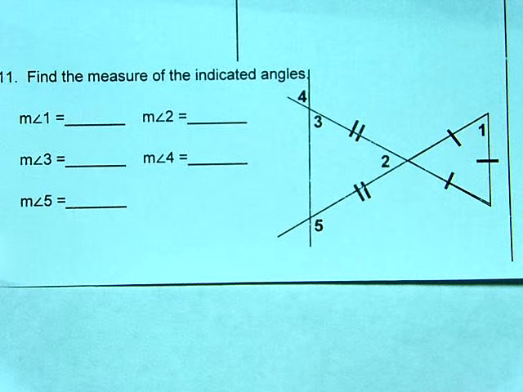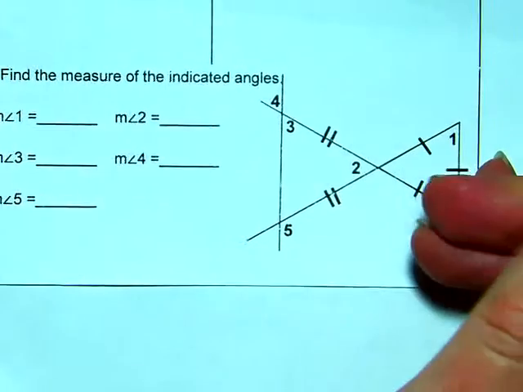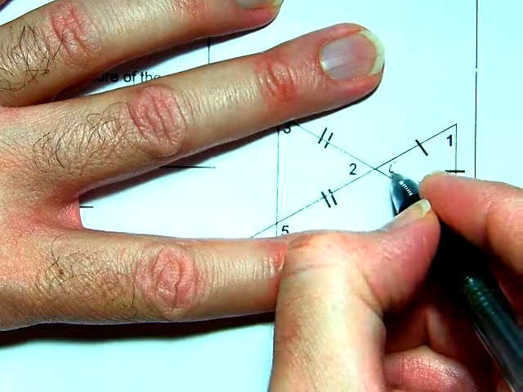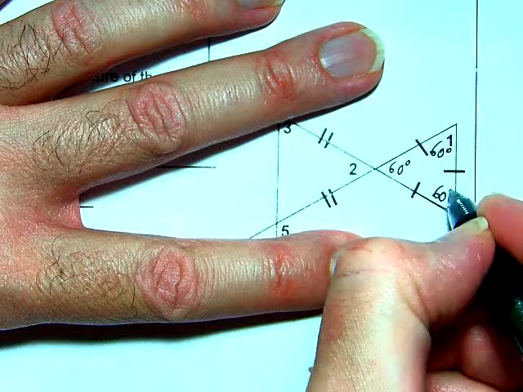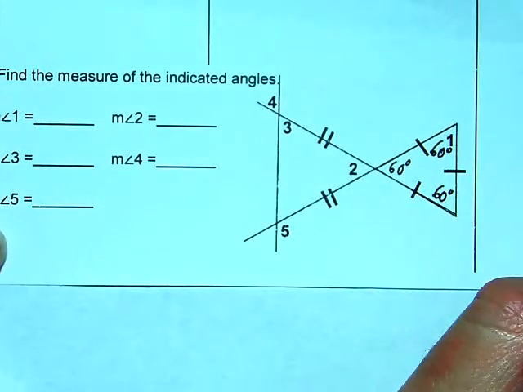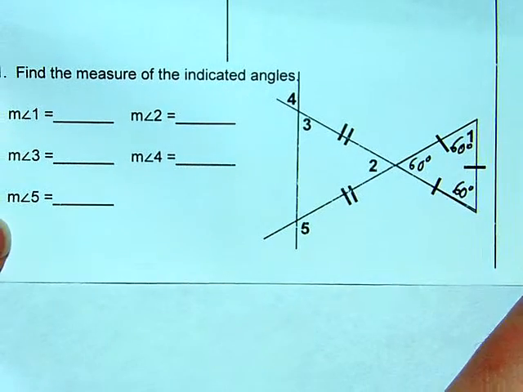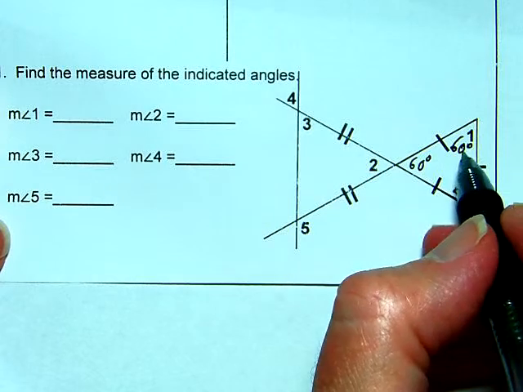And since the angles have to add up to 180, 180 divided by 3 will give us the measure of each angle. And 180 divided by 3 is 60. So we know that each of these angles is 60 degrees because every angle in an equilateral triangle is 60 degrees. And that already gives us the measure of angle 1.